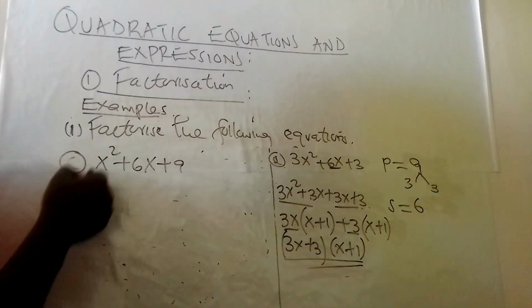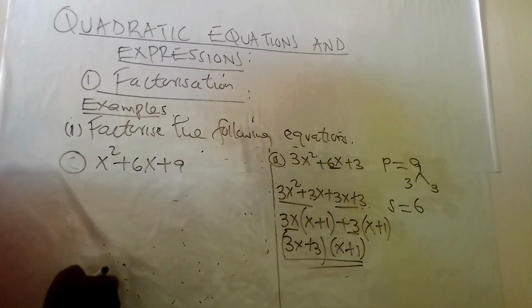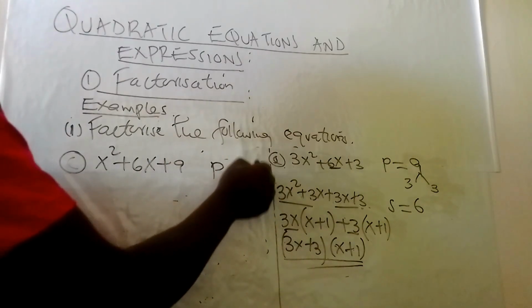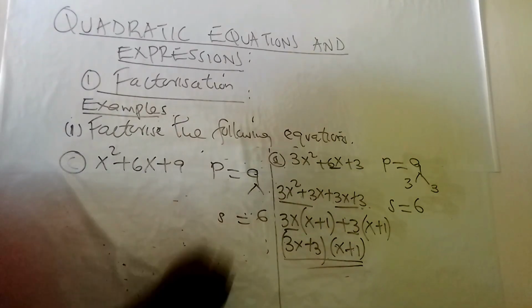Okay, so in this case, the question is x squared plus 6x plus 9. So find two numbers whose product is 9, and the sum is 6. So you find the factors of 9.